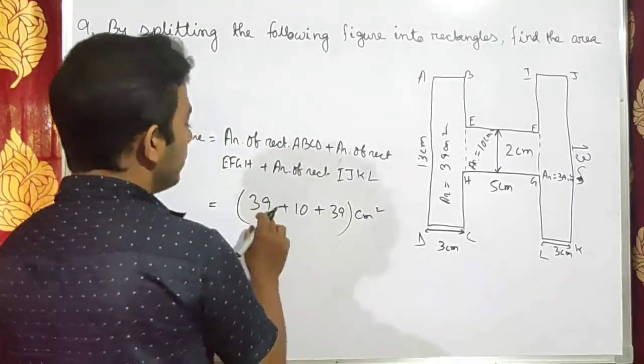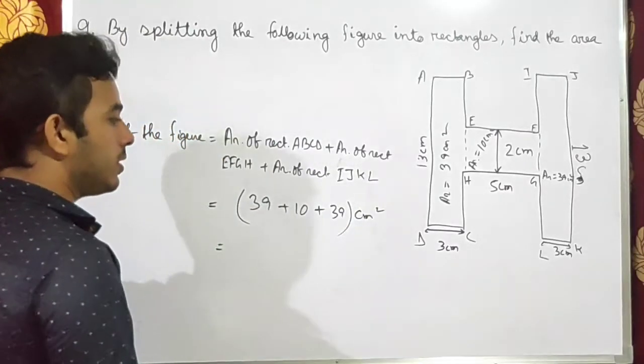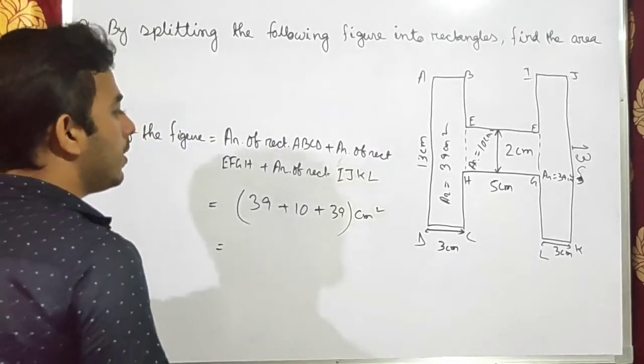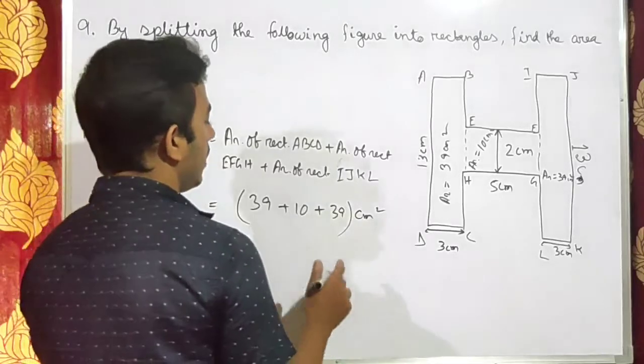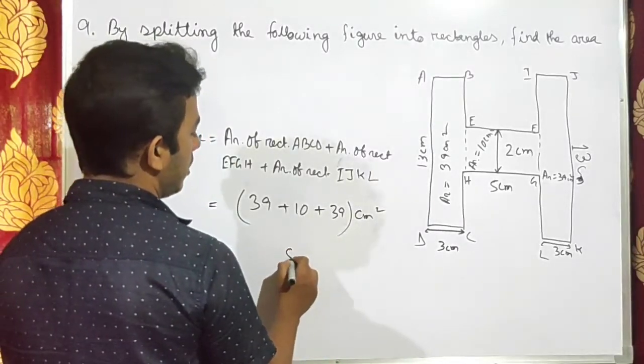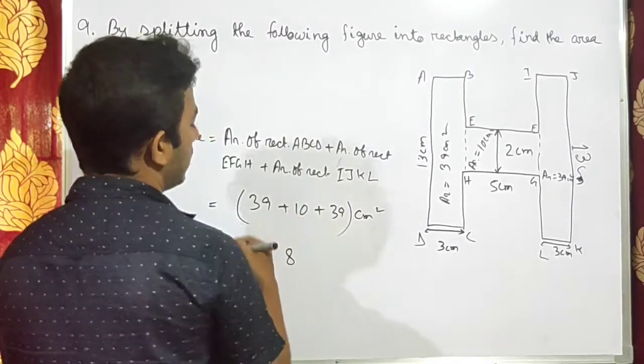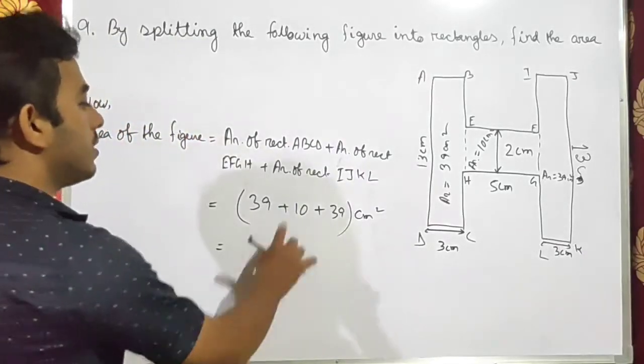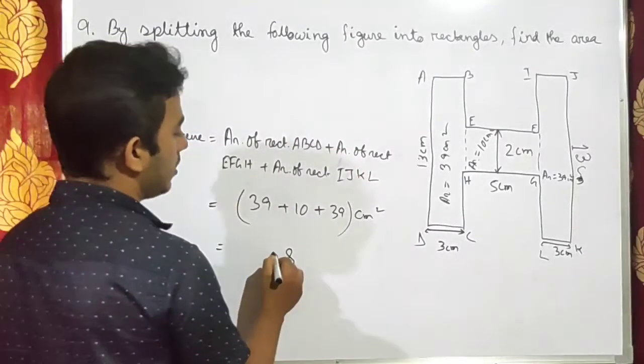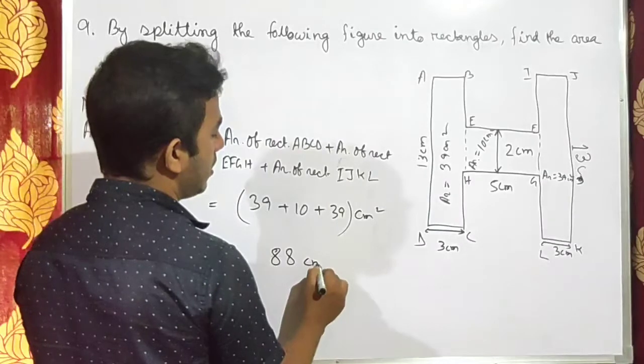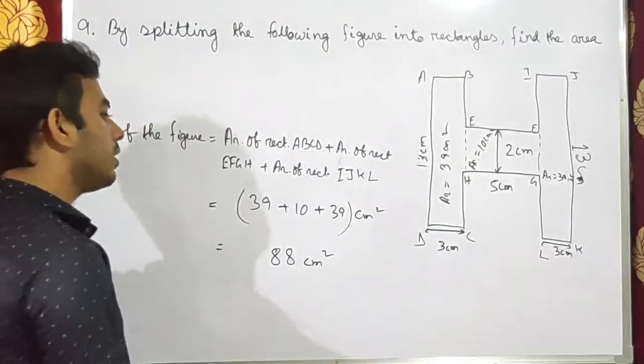Look, 9 plus 9 is how much? 9 plus 9, it is 18. And 3 plus 3, 6, 7, then remainder 1, 8. 88 centimeter square. Clear? Okay.